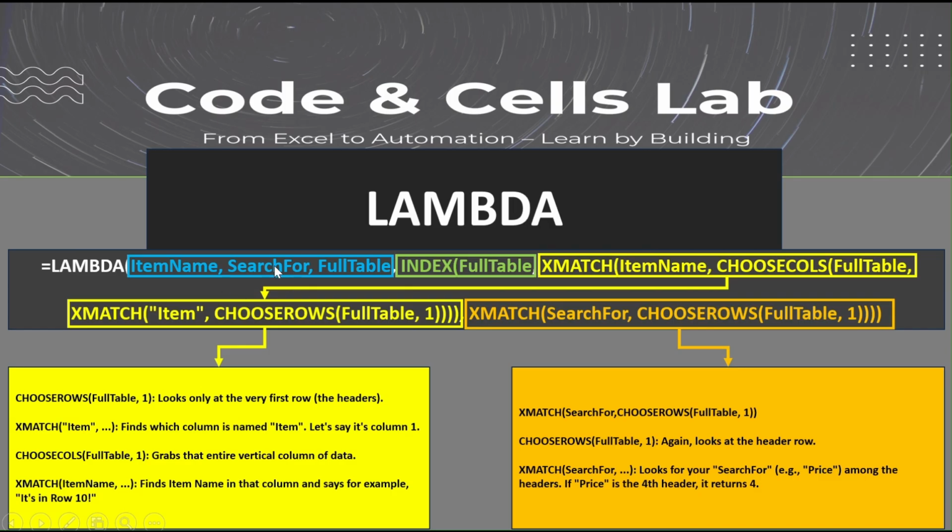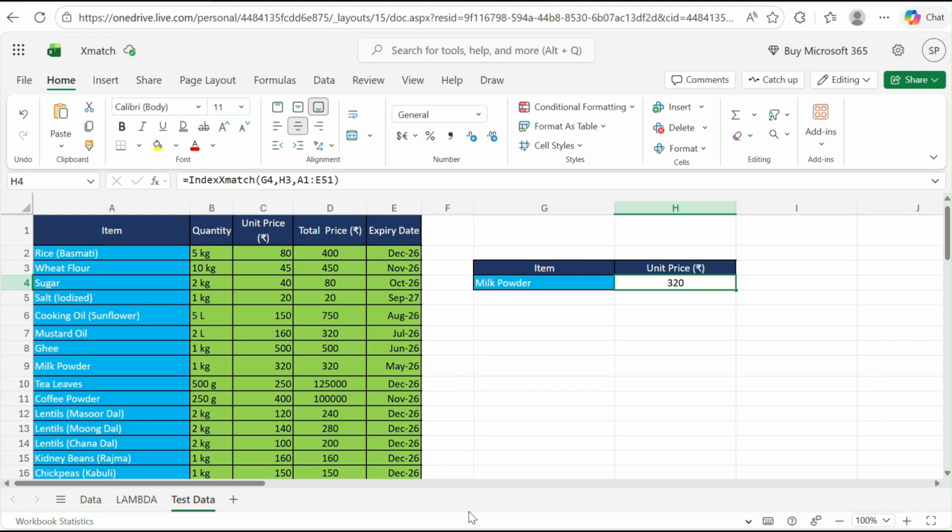Search for is the headers, like the quantity, the price, etc., and the full table is the complete table, right? So that's it. You only have to select the range, and bam, it's going to work.